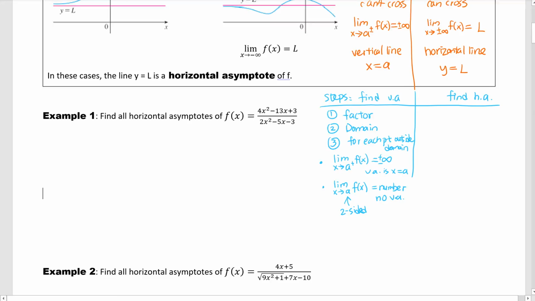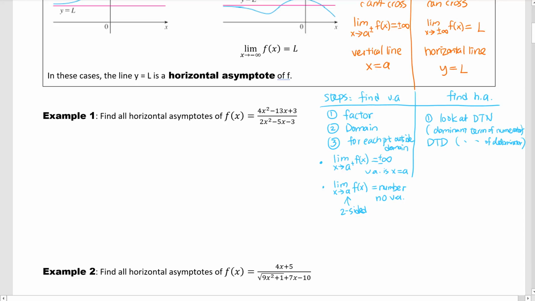Usually you will get a quotient, so we look at the dominant term of the numerator, and we look at the dominant term of the denominator.